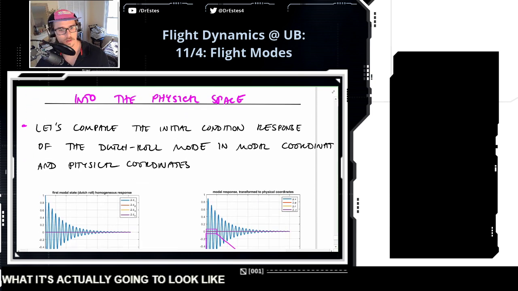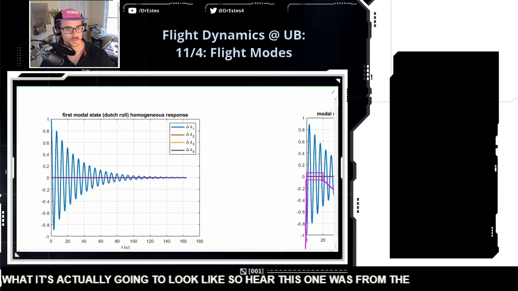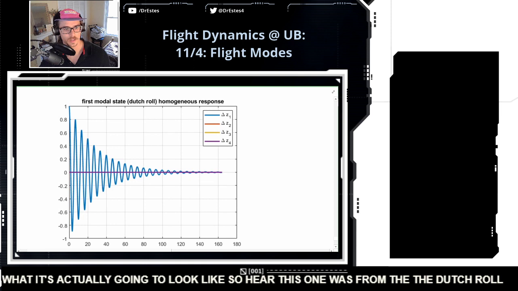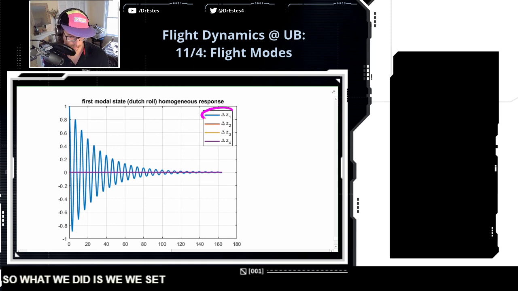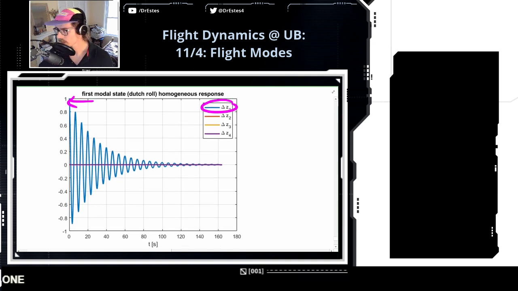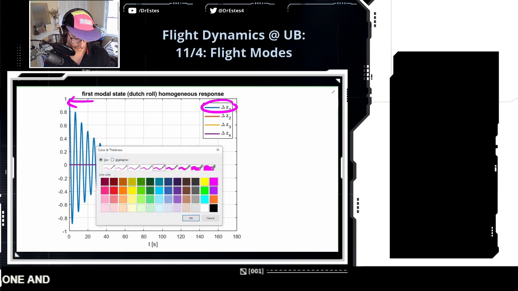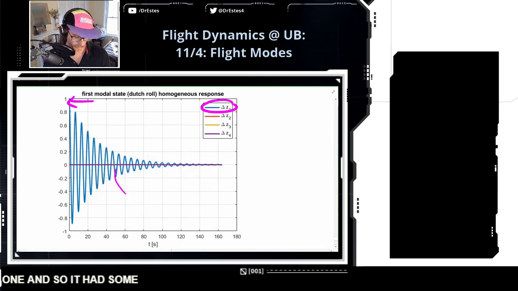So here, this one was from the Dutch roll. What we did is we set the first modal state, Z1, and gave it an initial condition of 1. And so it had some dynamics, but down here you just see the straight line.